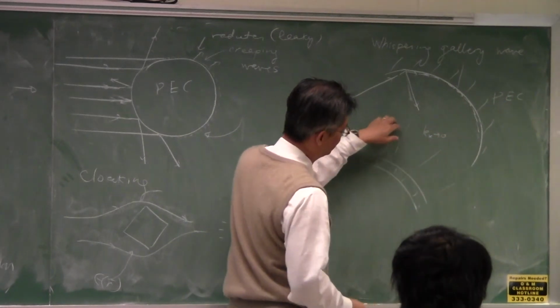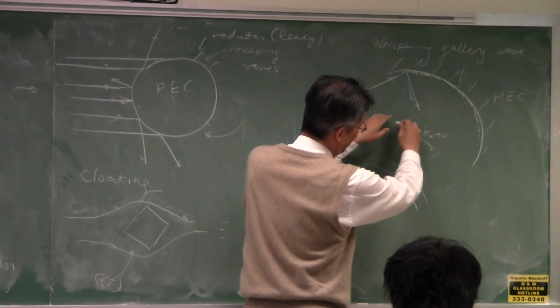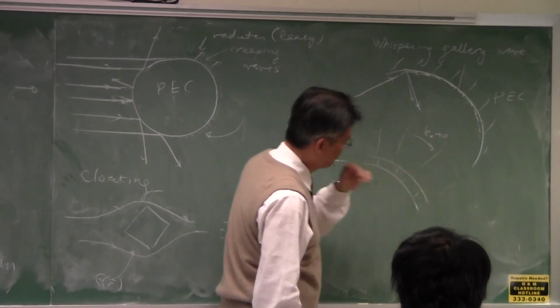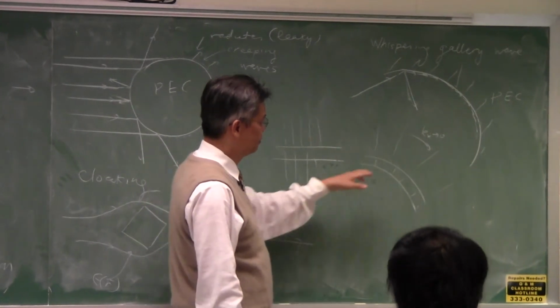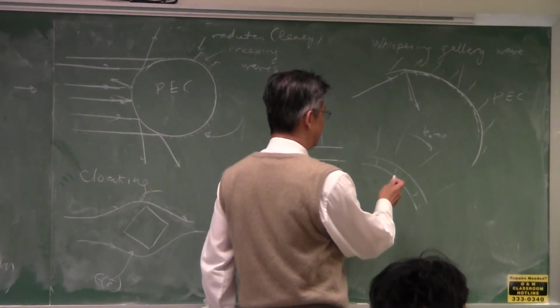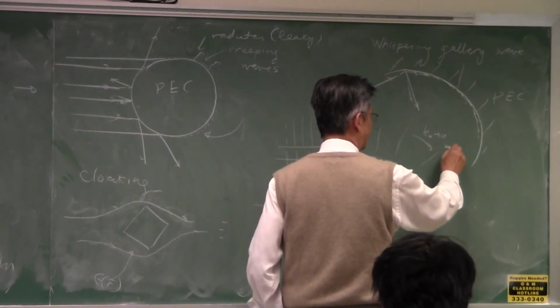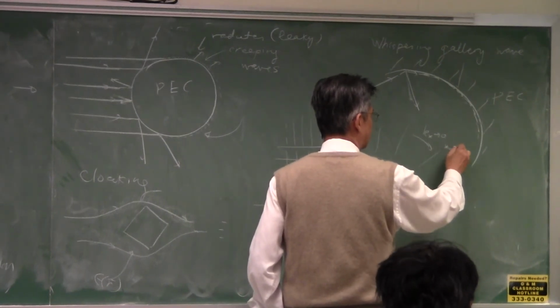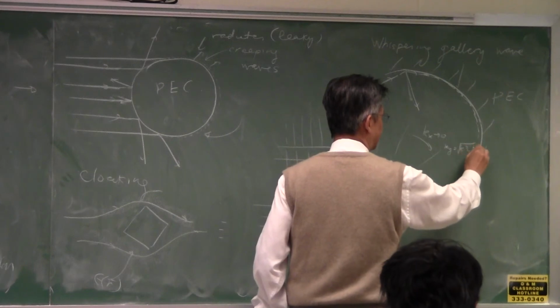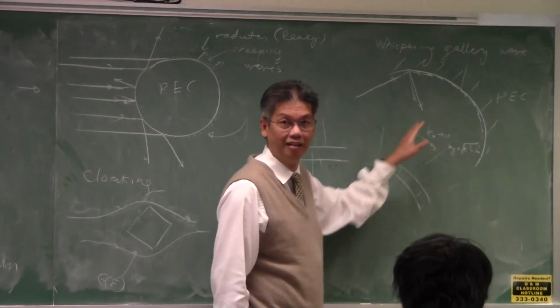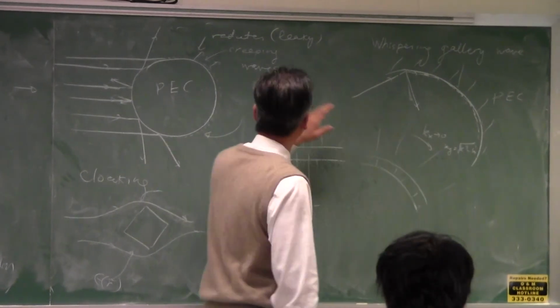If I call this kx, kx becomes smaller because the wavefront becomes further and further apart. If kx becomes smaller, then ky is equal to the square root of k squared minus kx squared. So ky becomes real and the wave starts to leak. So when we bend the waveguide, it leaks.